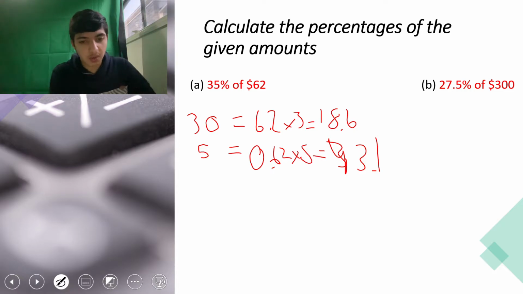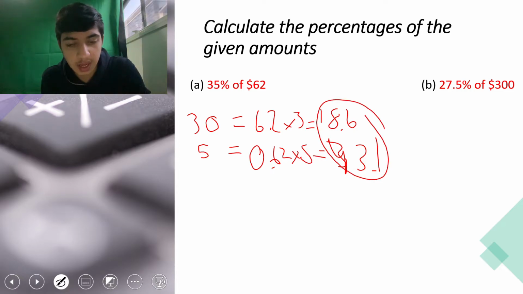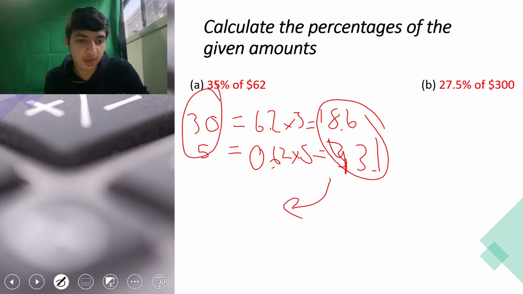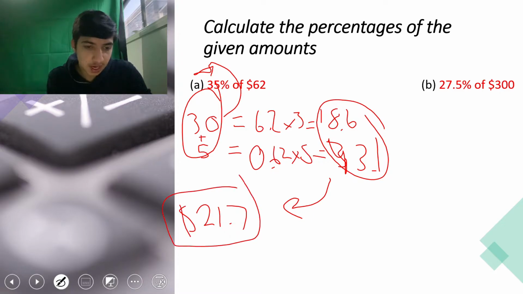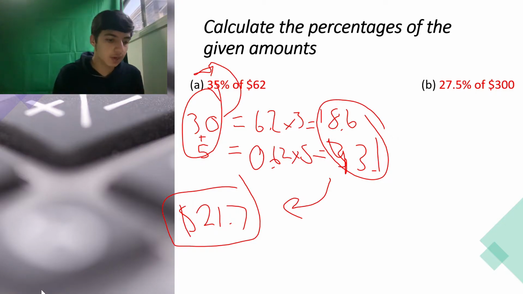Now we have these two together. You add them up, because these two added up equal 35%. So 18.6 plus 3.1 equals $21.7. So that is 35% of $62.